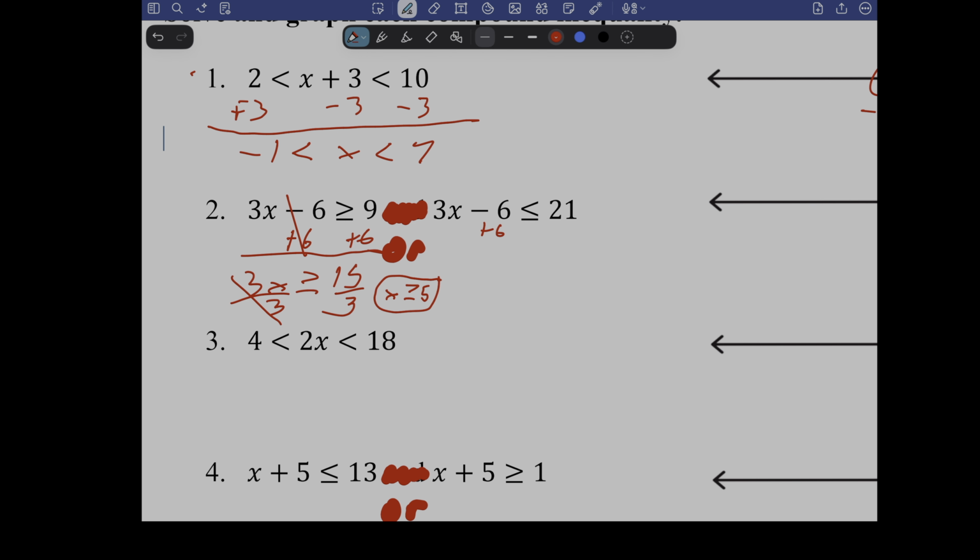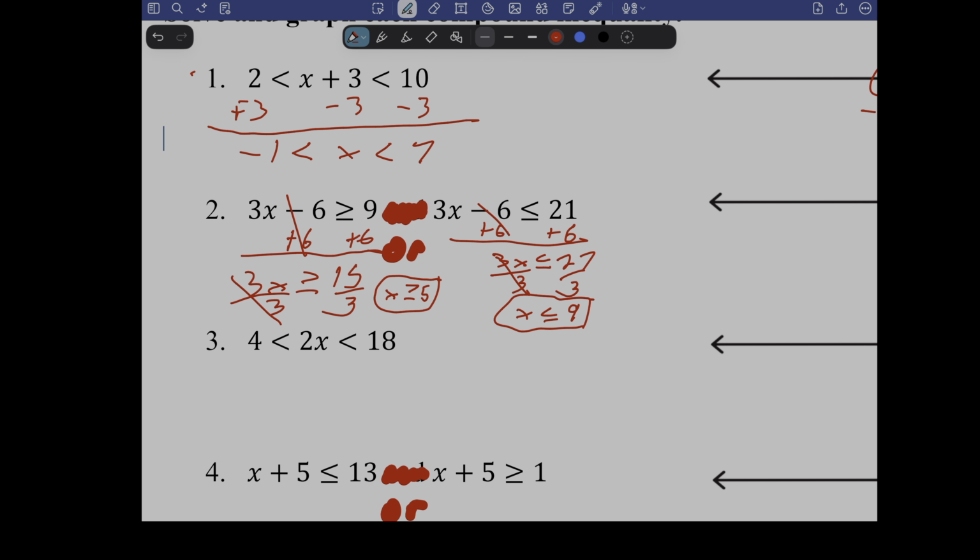Then for the other one, you're going to add 6 to both sides. 3x is less than or equal to, adding 6, that's going to become 27. Sorry, I did that really sloppy. Have better penmanship than me. That's your first secret in math. Divide each side by 3, and I'm going to get x is less than or equal to 9.